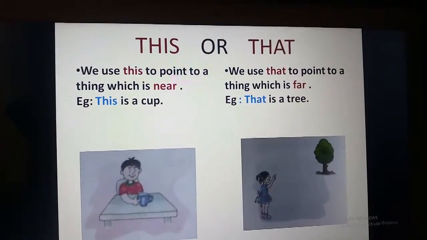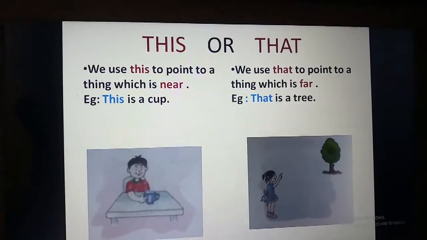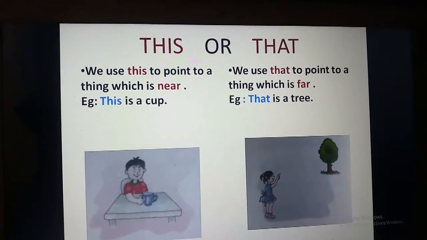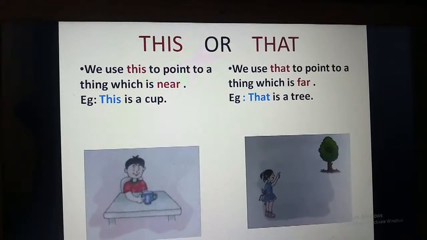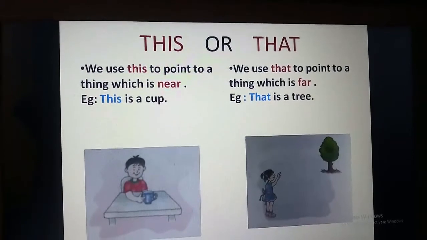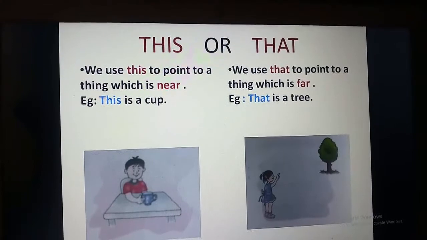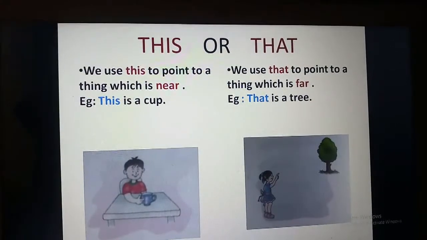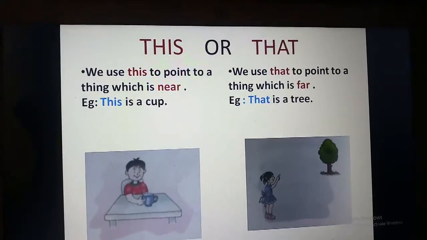Now, look at the first point. We use this to point to a thing which is near. Means whenever a thing is near to us, अगर हमारे नज़दीक है, we are going to use this. For example, look at the first picture.